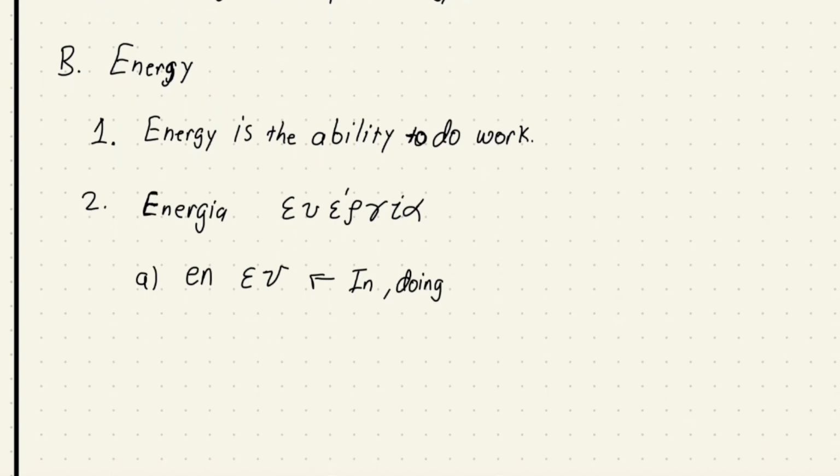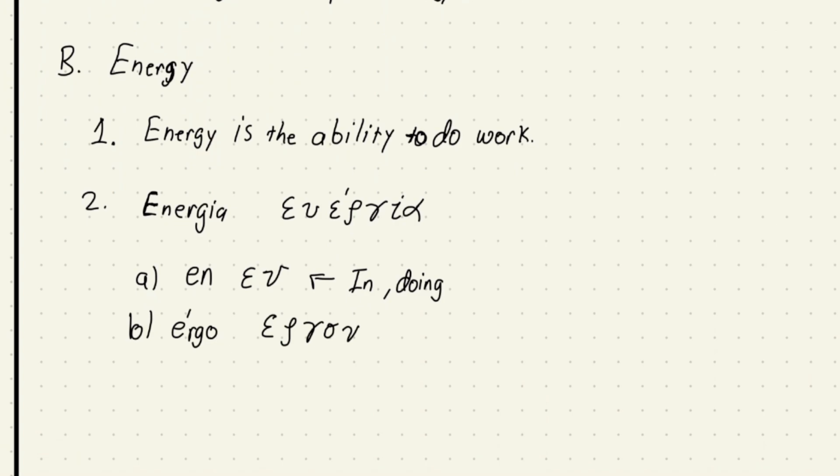The second part of this is a word called ergon, epsilon, rho, gamma, omega, nu. It is ergon, not ergos, my mistake.